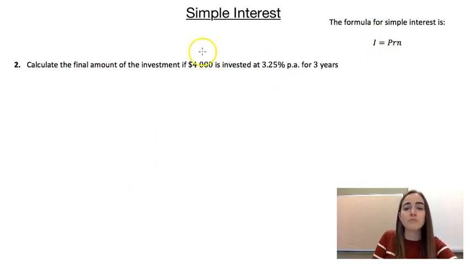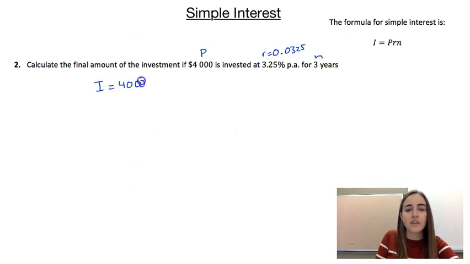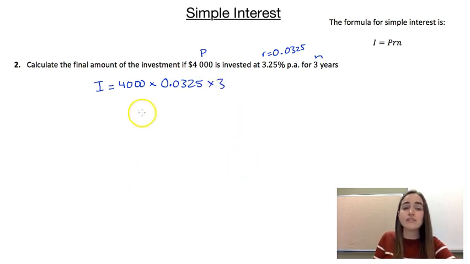So we start off doing exactly what we did in the last question. So we've got our formula up here, our $4,000 is our P. Our rate would be 0.0325 and our N is our 3 years. So our interest is going to be the 4,000 multiplied by 0.0325 and then multiplied by the 3 for the 3 years as well.